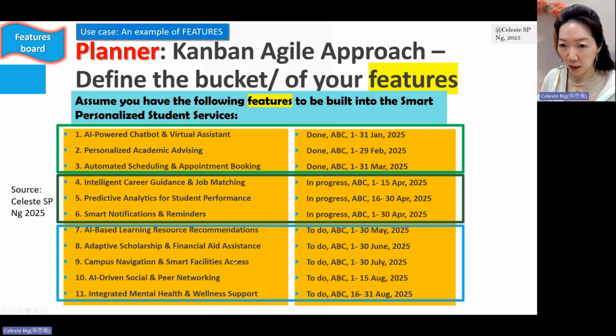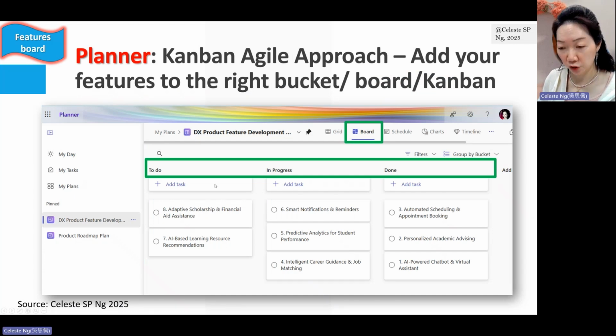Based on what I have already designed at the beginning here, I will key in the features to the right bucket. The first, second, and third features are in the done bucket. Then the next 3 features, features number 4, 5, 6, are under the in progress bucket, and the remaining will be under the to do bucket.